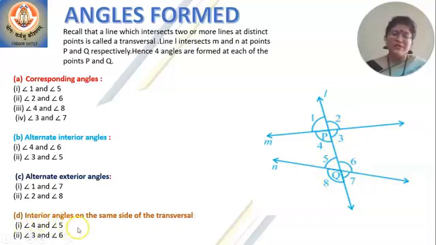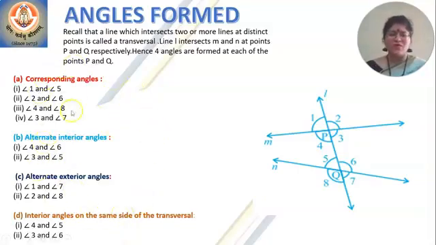And then you have interior angles on the same side of the transversal. You have learned this, that they always form an I shape, or you could also consider the shape of the letter C. So 4 and 5, these two are the interior angles, and you have 3 and 6, which are the interior angles on the same side of the transversal. Students, you have learned this in class 7th.